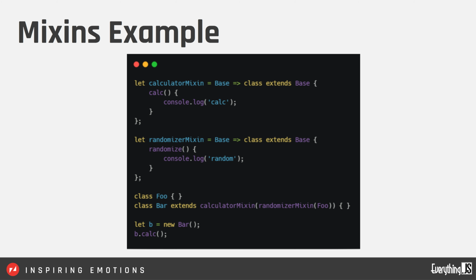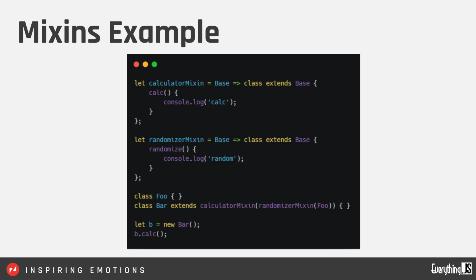The nice thing is now here we have one other function which does the same thing. In the final line, we are creating a class called bar, and we are extending it with these two mixin methods. Before calculator mixin, if we consider the execution order, randomize mixin function will get called, and we are passing the base, right?